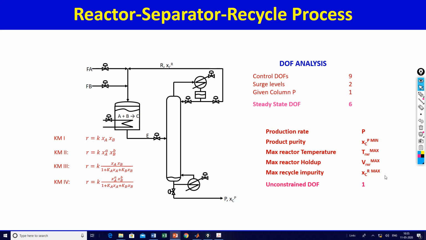So the 2 degrees of freedom with the column and the 2 degrees of freedom with the reactor have been exhausted, have been taken by these min-max specifications. The production rate and the remaining unconstrained degree of freedom then correspond to the 2 fresh feeds. One of the fresh feeds sets production, and so the unconstrained degree of freedom corresponds to the second fresh feed. So that's that.